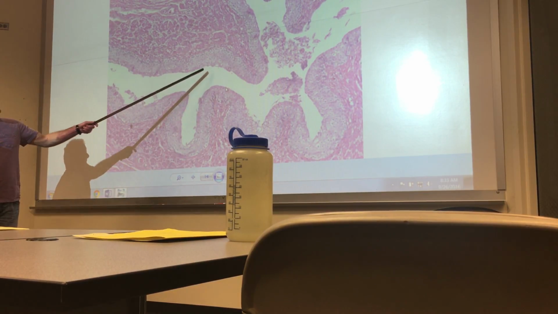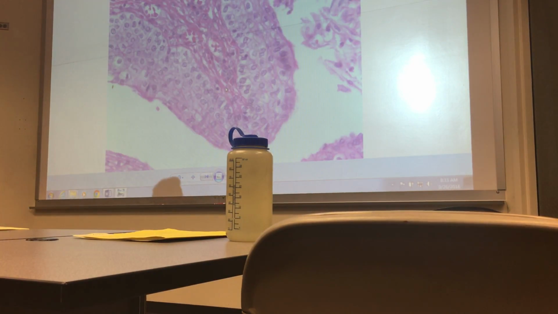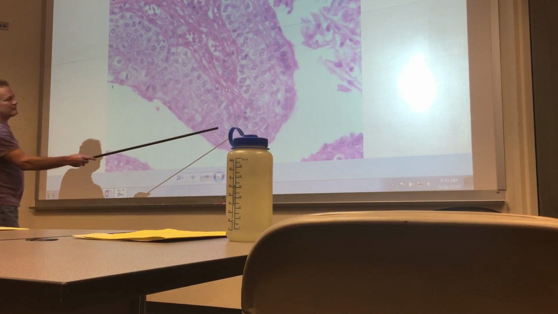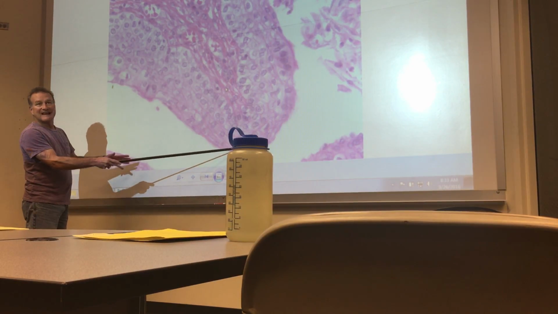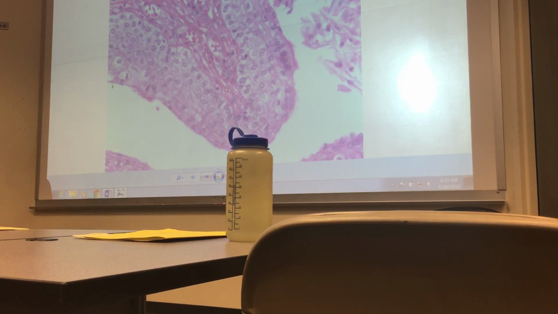But when we look at the non-keratinized variety, the big difference we see is that all of the cells are nucleated, so that there are no dead cells sloughing off. Those cells will slough off, but they're living. So the keratinized and non-keratinized are all about protection against abrasion, things like that, a thick protective layer, but the keratinized is to be dry, the non-keratinized is to maintain moisture.